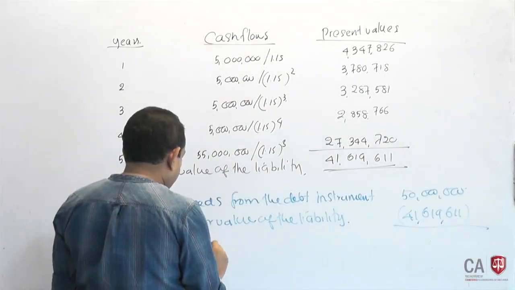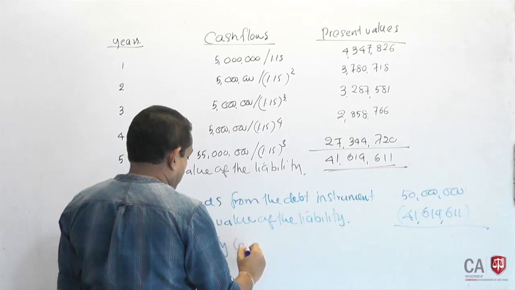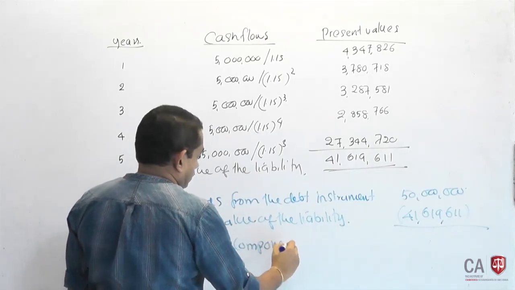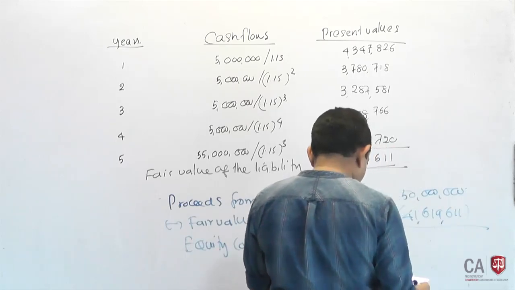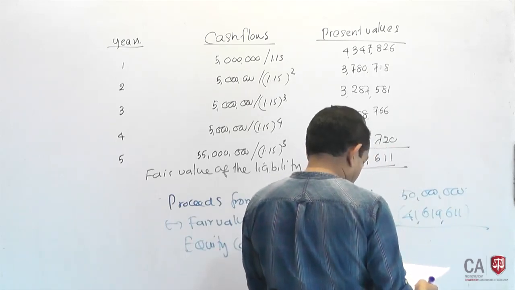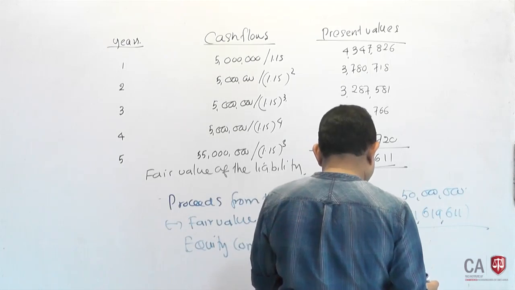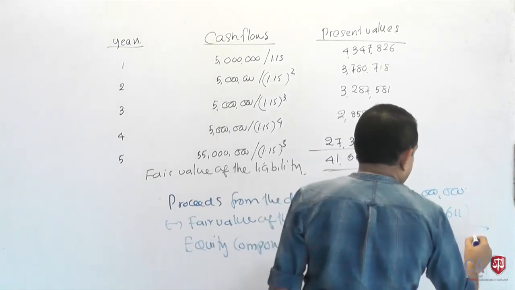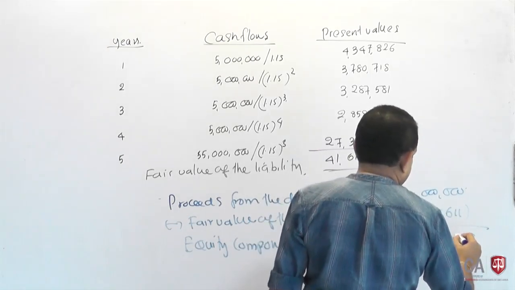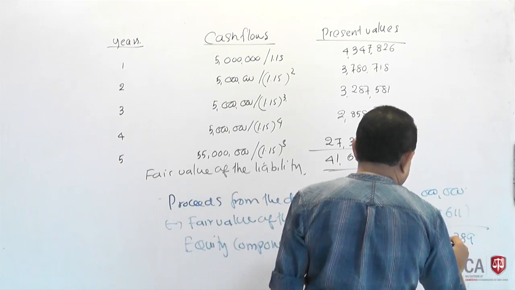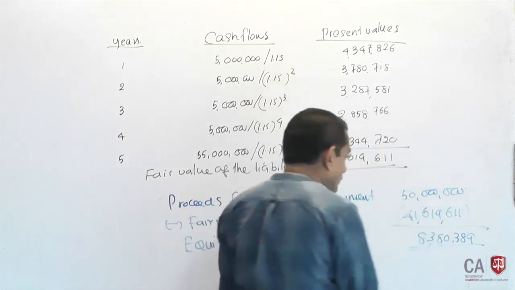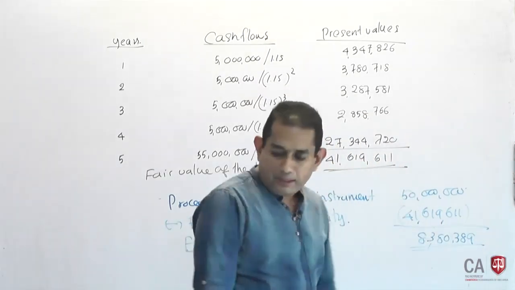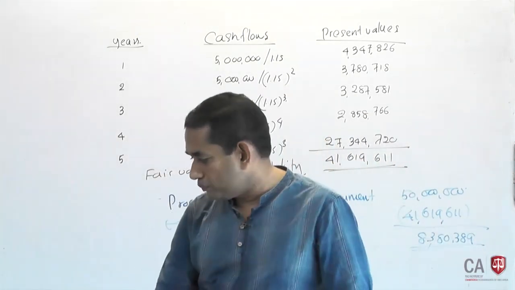Equity component should be 8,380,389. Now let us see how the accounting looks.